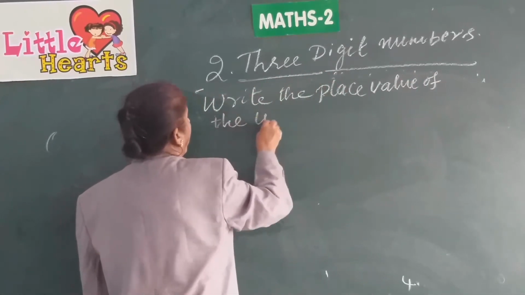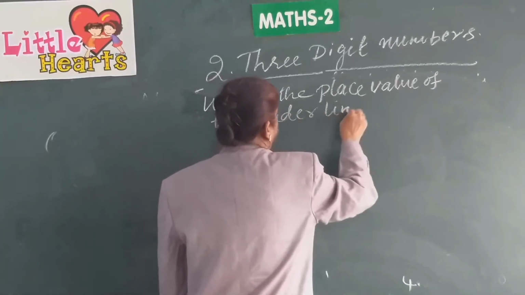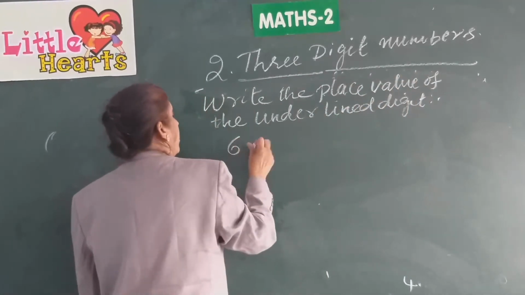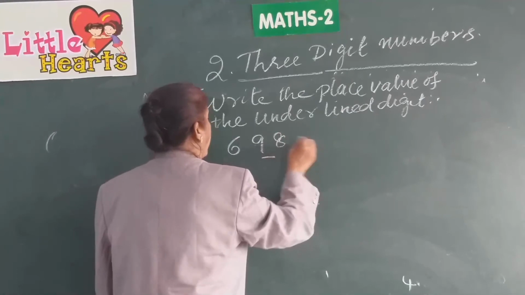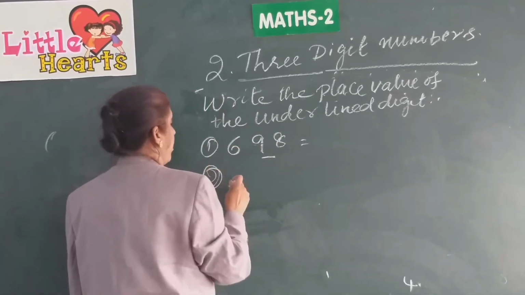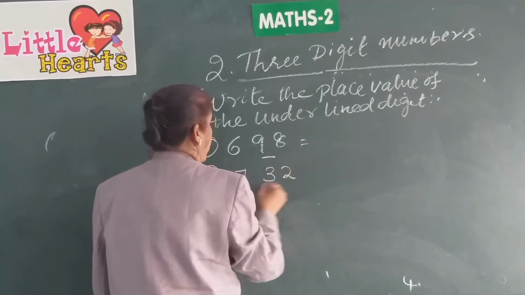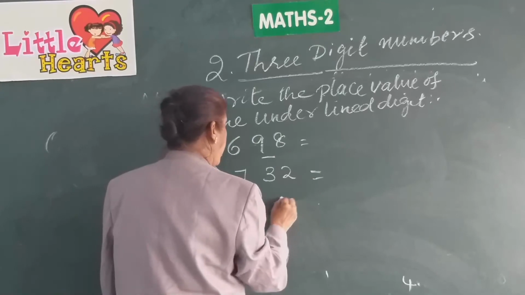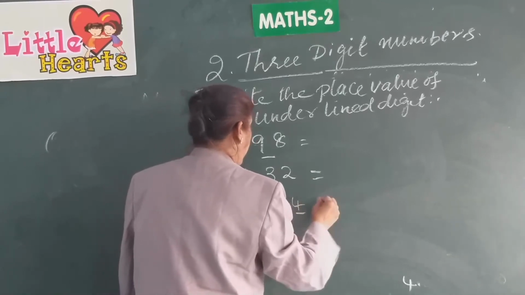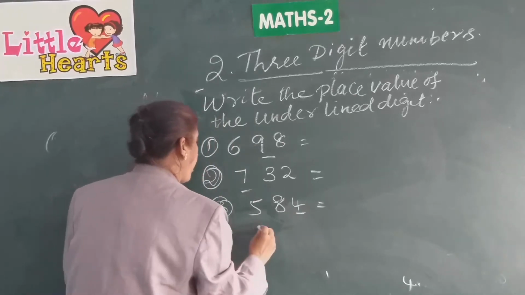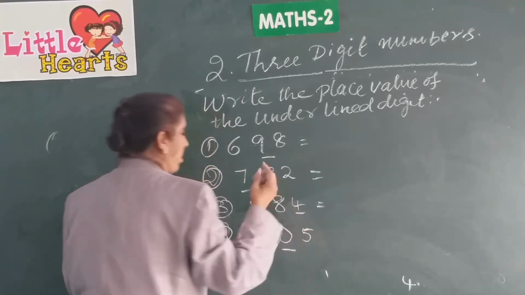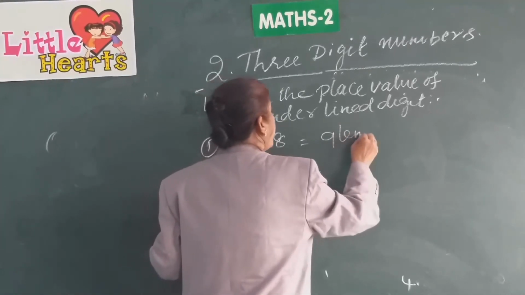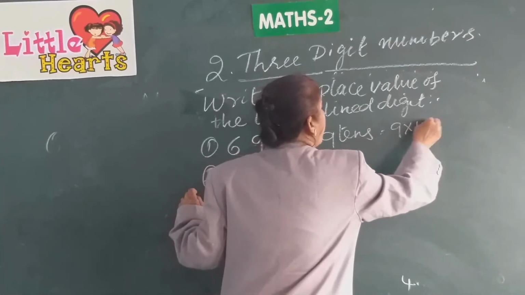Write the place value of the underlined digit. So the place value of 9 is 9 tens, 9 into 10, 90.